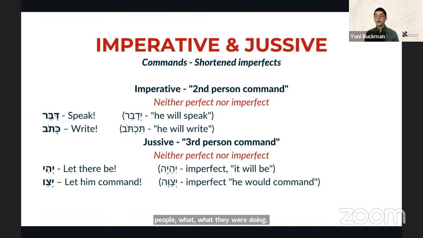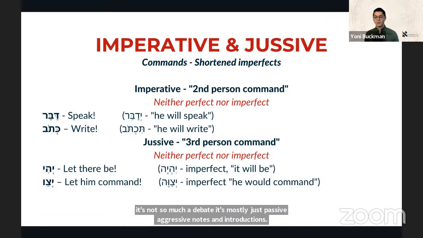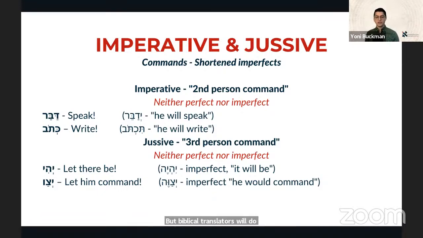But you do have modern debates. It's not so much a debate, it's mostly just passive aggressive notes and introductions. Biblical translators will debate whether they should translate the Bible using more modern language or more King Jamesian old language.